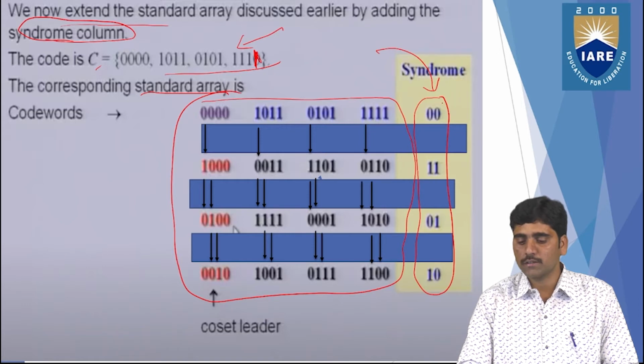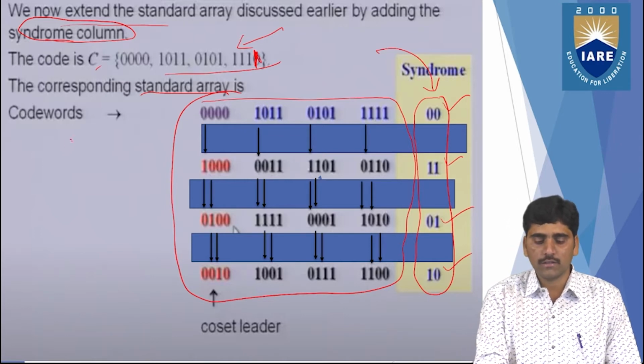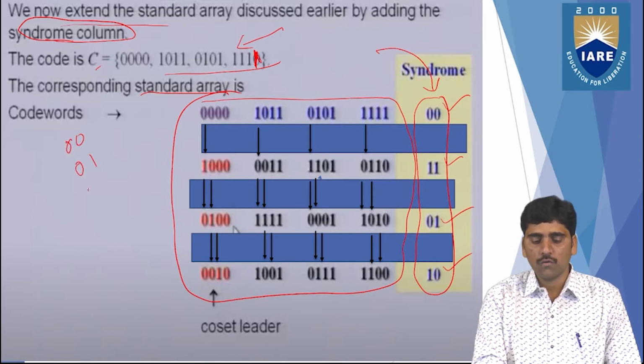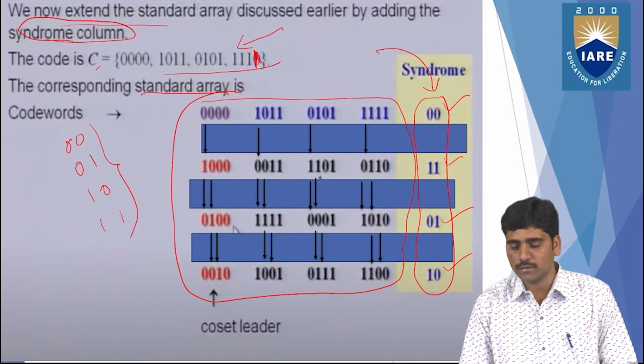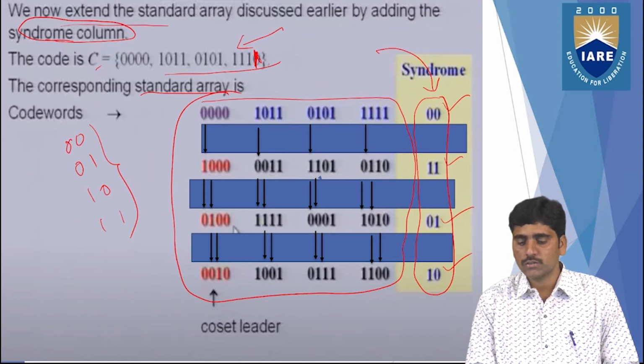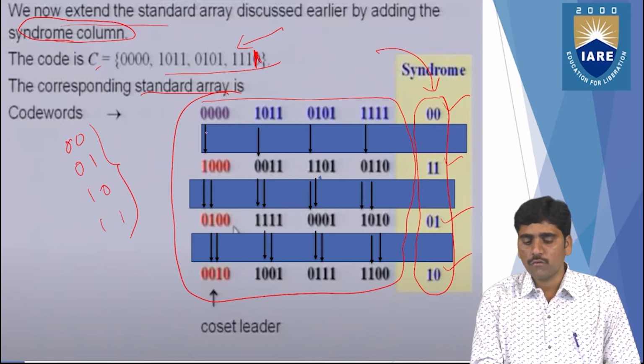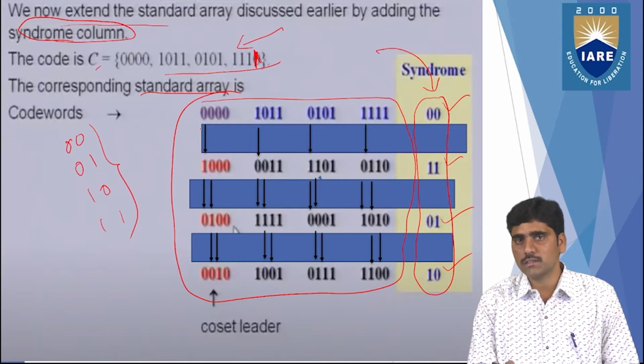That syndrome column is nothing but 00, 11, 01, 10. You can add anything, like 00, 01, 10 or 11. So this is what we added here. See here how the syndromes will transfer to the next positions. First, in the first vector, 0 is transmitted as 1, and where 1 occurs, 1 is transmitted as 0.